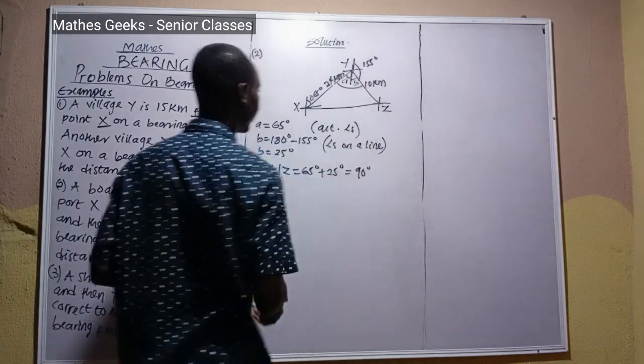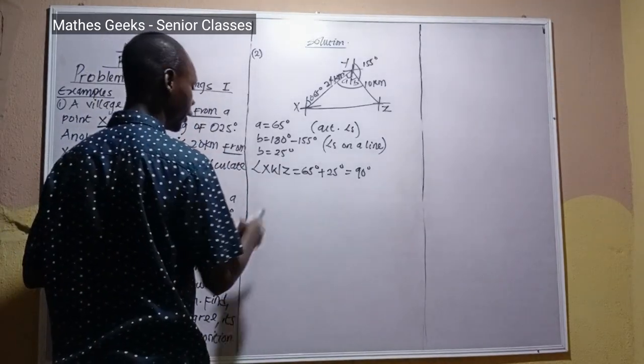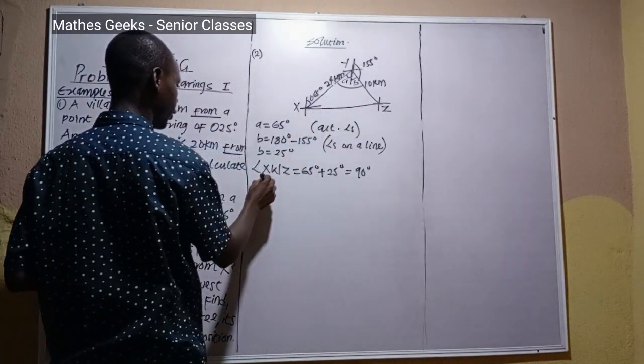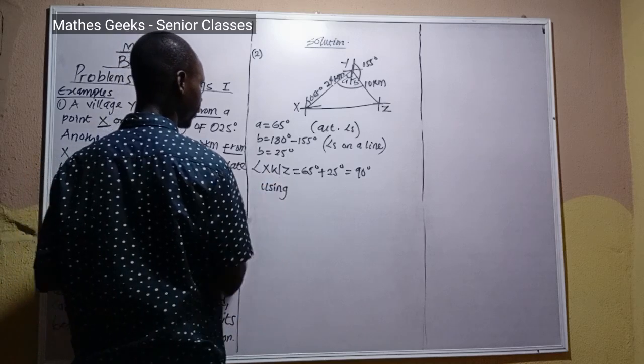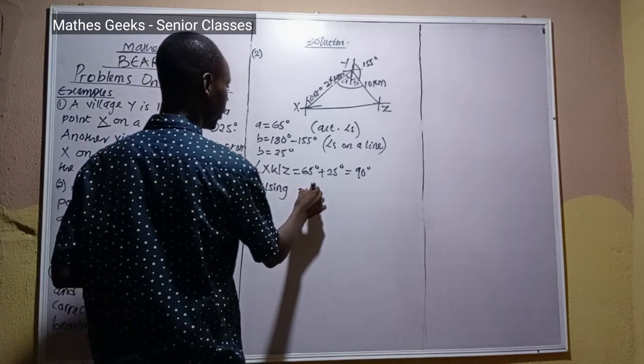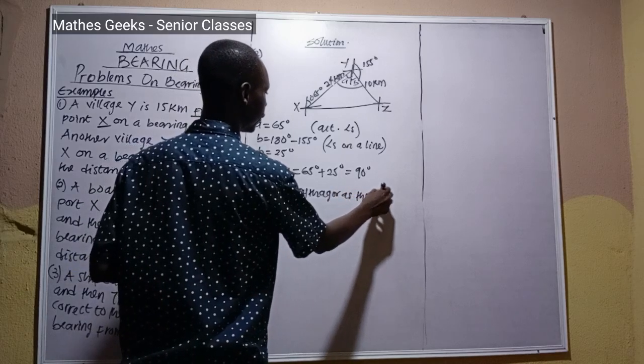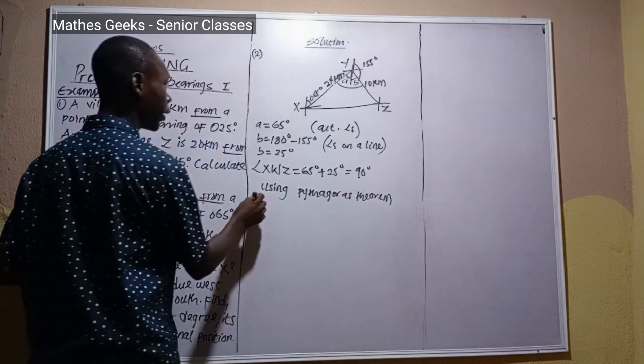So we end up having a right angle triangle again. So the distance between X and Z will give us, using Pythagoras theorem, because it is now a right angle triangle.